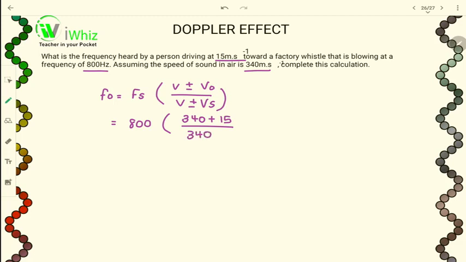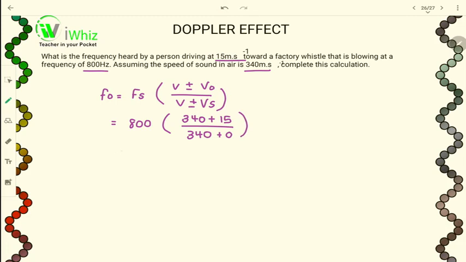If it's moving towards me or away from me, I'm still going to add or subtract 0. Because that adding or subtracting of 0 will not make a difference to my equation. It doesn't matter if I'm moving away from it or towards it, the velocity of the source is not going to change. So this is going to be put into my calculator.